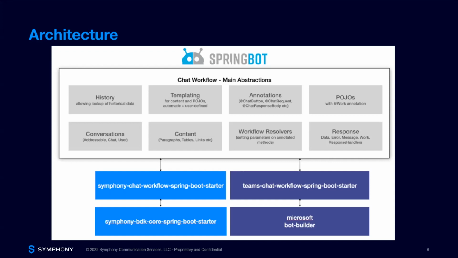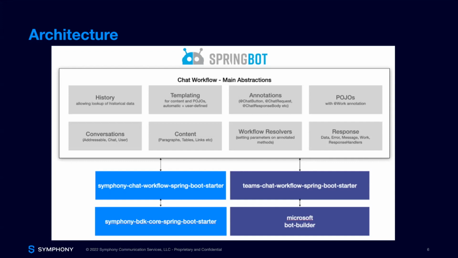So really what we're doing is providing a set of abstractions that make it really nice and easy for people to start building bots without really knowing a lot about how Symphony works and how Teams works. We're providing those abstractions and letting them play with them. And as Abby said, we're taking our cue from Spring, and especially Spring Web, in terms of providing annotations to make this easy.